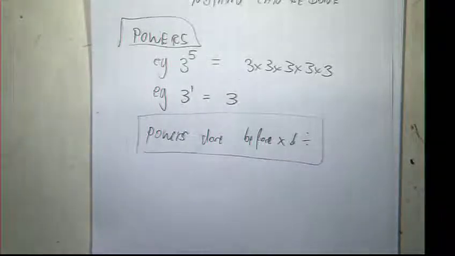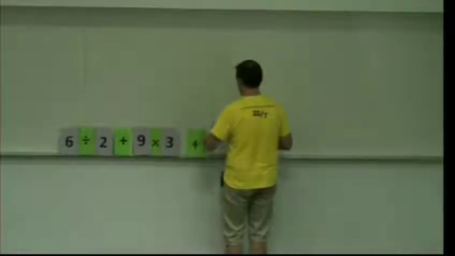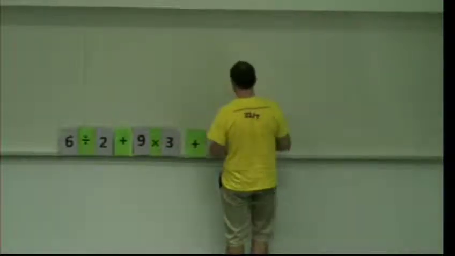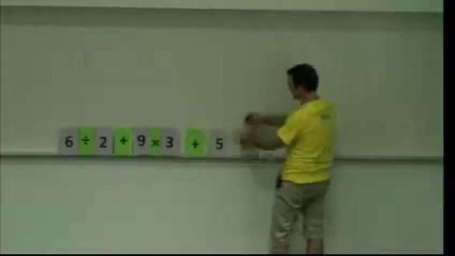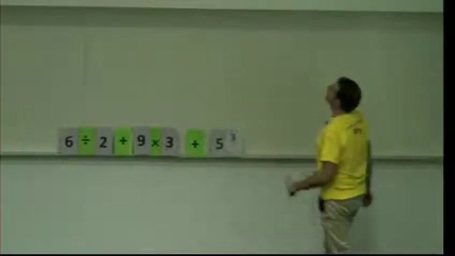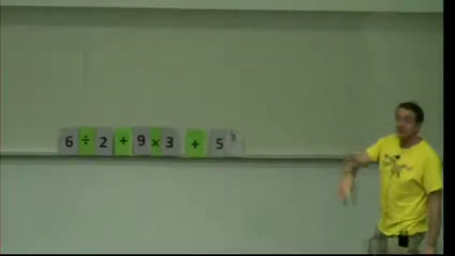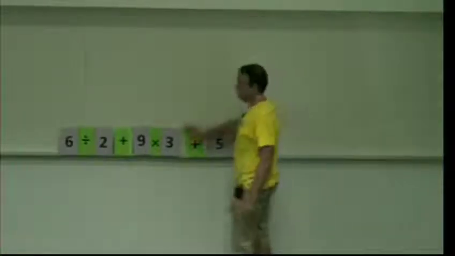Okay, so if I had this, put my 5 back. If I had my 5 to the power of 3, also pronounced as 5 cubed, that would have to be done before divide and times, but divide and times have to be done before plus, so I would have to do this before I did that plus.